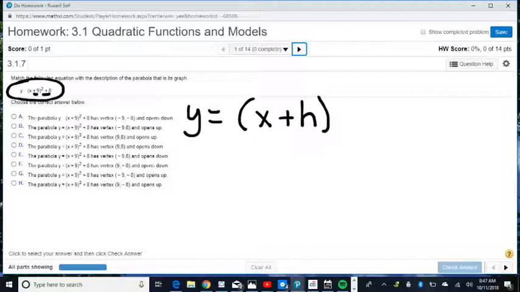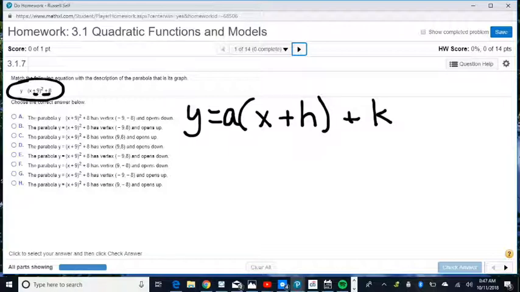So y plus 4, y minus 8, whatever, plus some other number, we'll call it k, and remember that you can have a multiplier in front, which is the a right there. Sometimes that multiplier is just a sign. It could be negative, and if it's negative, it's going to change the direction, so opening up or down.